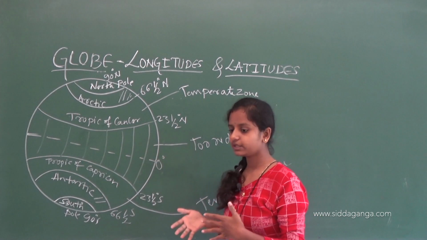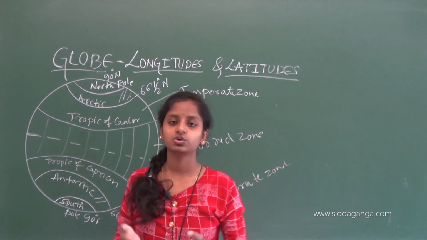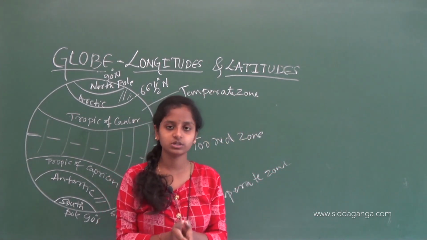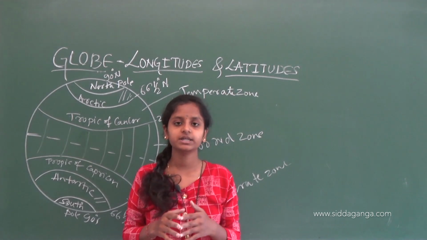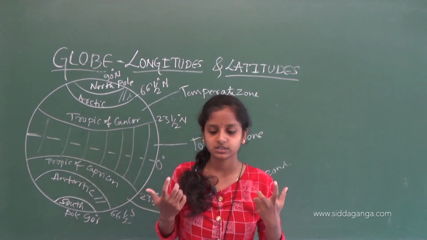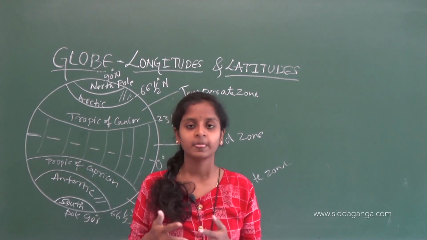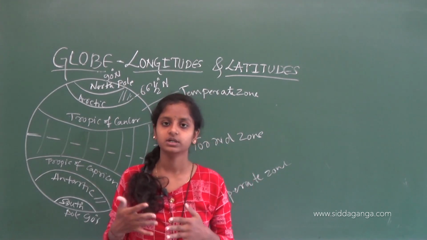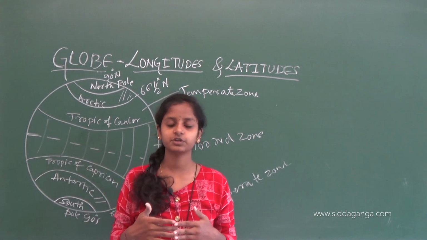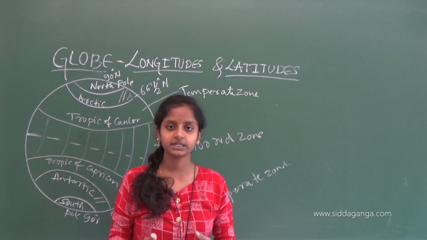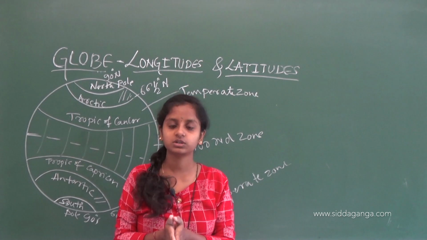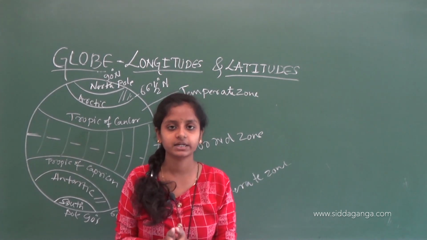To locate certain places on the earth surface, we need some reference lines, that is latitudes and also longitudes. Longitudes we'll see in a future class, but about the latitudes, there are about 181 latitudes.